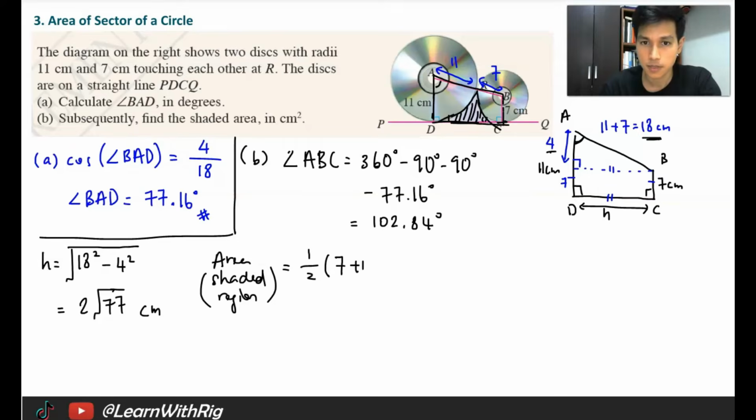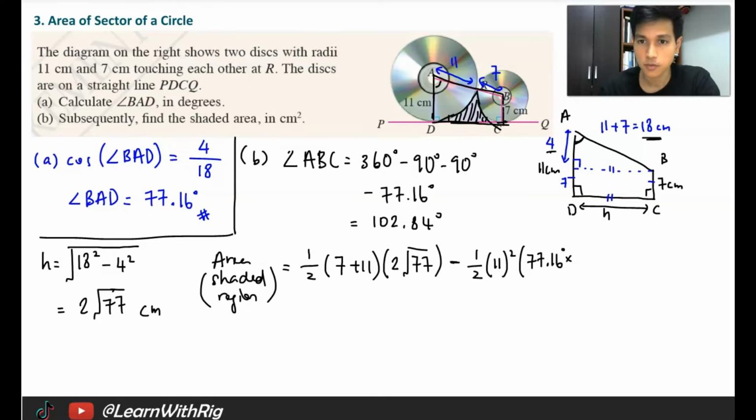So 7 plus 11, multiplied by the height, which you already calculated, 2 root 77, minus the area of the first sector, which is 1 over 2 r squared, r is 11 squared, theta is BAD, 77.16.